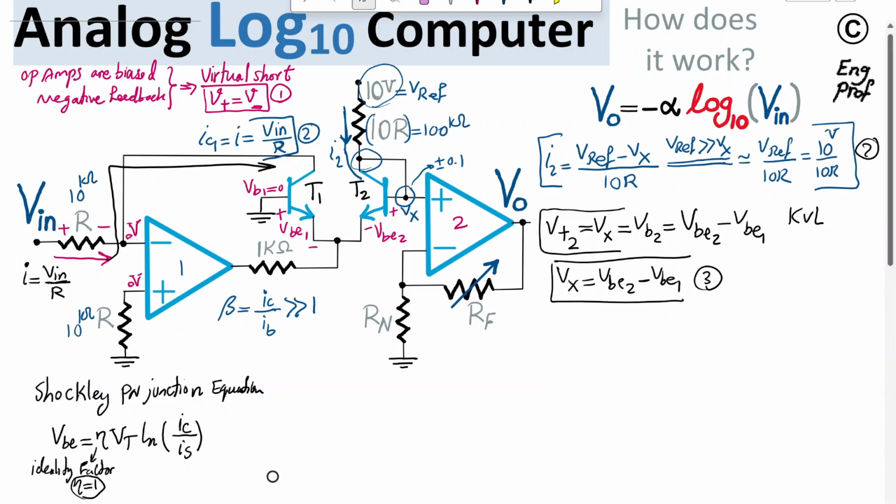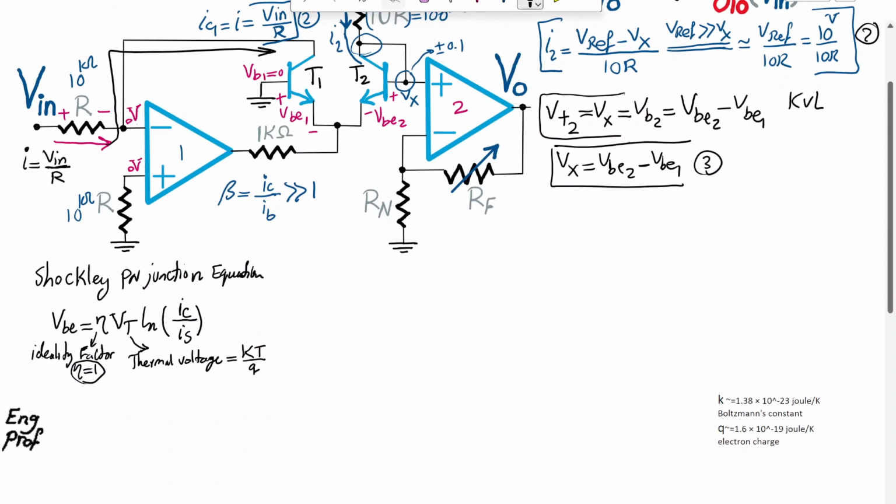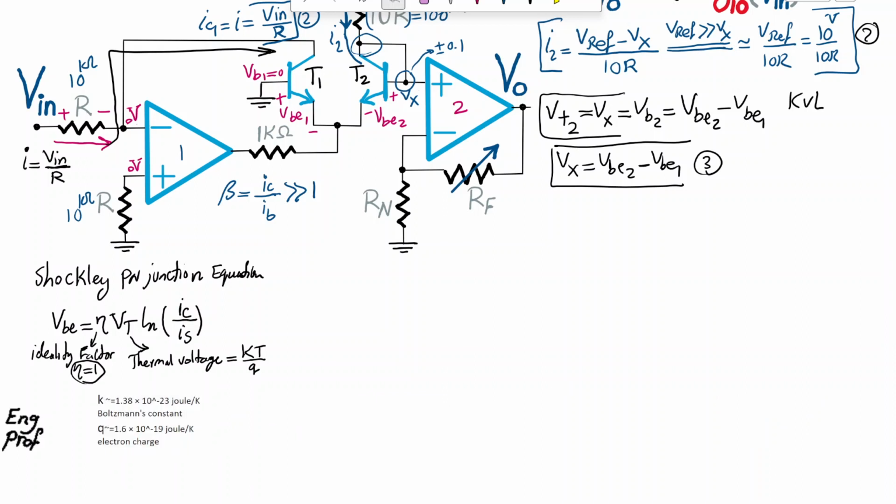Okay, what else? Vt is the thermal voltage of the p-n junction, and this Vt is just equal to kT over Q. K is the Boltzmann constant, a well-known constant, and Q is the electron charge, very small, 1.6 times 10 to the negative 19, and T is the temperature of the junction of these transistors inside the same package.